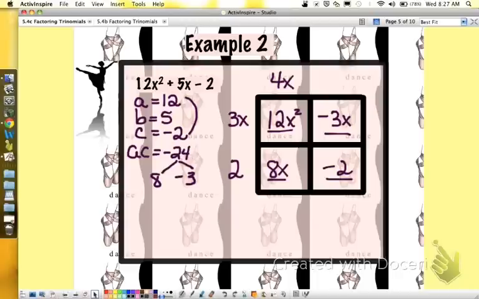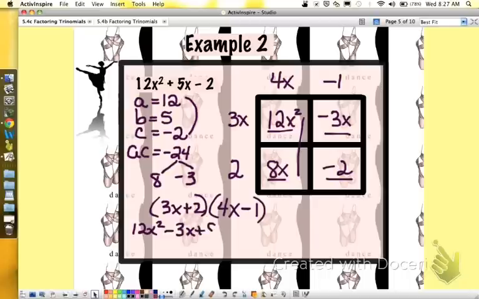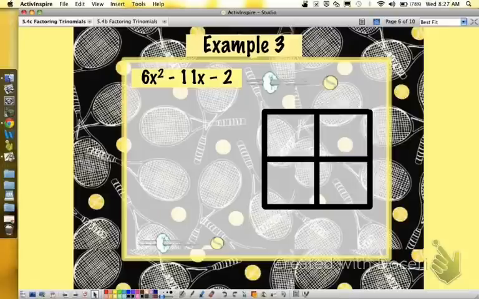What's common to both of these two terms is a 4x. And what's common to the second column is really nothing other than a 1, and we're going to adopt the symbol. And again, we're finished. We just throw those back into two binomials. We can check it by distributing those through, and we wind up with the same exact thing as we started with. Let's take a look at the third example.